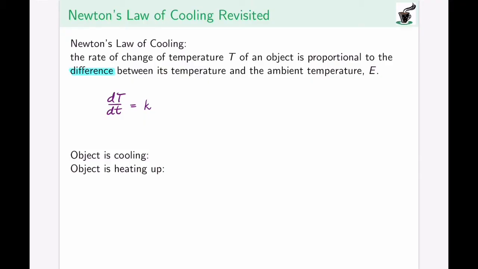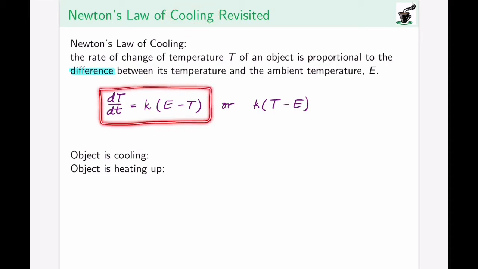So it's proportional to the difference, and it can go either way. The ambient temperature minus the temperature of the object, or it could be the temperature of the object minus the ambient temperature itself. Because the law of cooling is generally stated as the law of cooling and not the law of heating, we are mostly going to work with the first form, but the second form is completely analogous.